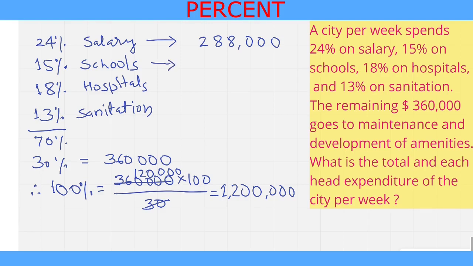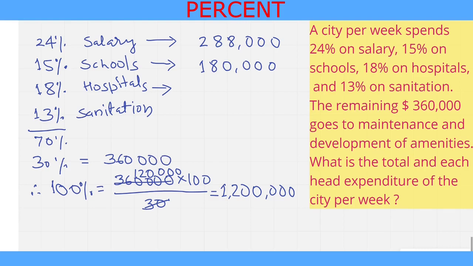Now 15%. We calculate 15% as 10% plus half of 10% is 5%, and then we add it. 10% of 1,200,000 is 120,000, and 5% is 60,000. 120 plus 60 is 180,000, and 18% on hospitals.